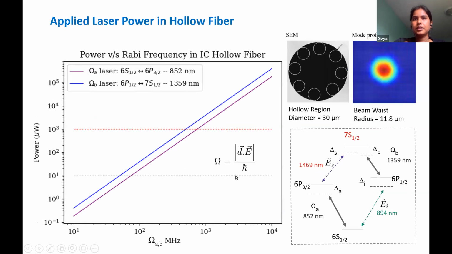And we find that even for 1 gigahertz frequency, just 1 milliwatt power is required in the fiber. So it's permissible to scan in the gigahertz range.